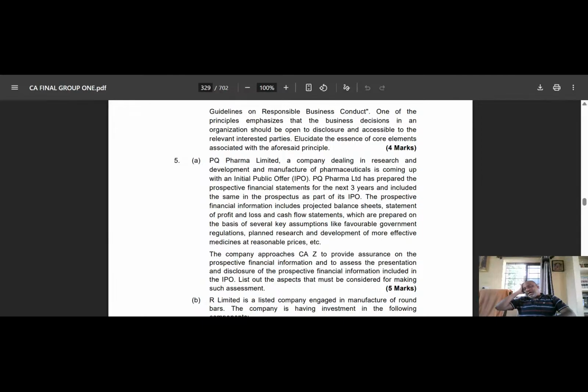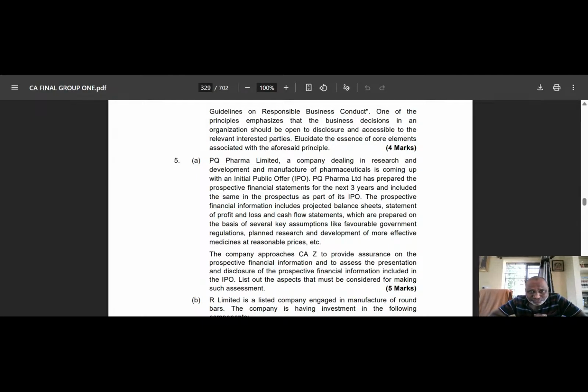For this, the answer is Principle 1: ethics, transparency, and accountability. The first principle emphasizes that the business decisions in an organization should be open to disclosure and accessible to the relevant interested parties.